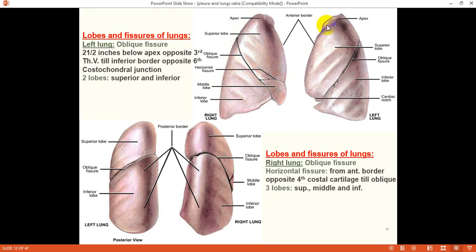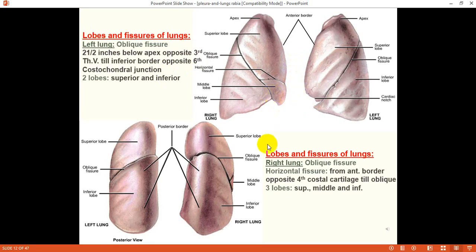The oblique fissure starts 5 to 6 centimeter below the apex, that is 2.5 inches almost from the apex, at the level of third thoracic vertebra, and it ends on the inferior border opposite the 6th costochondral junction and 5 centimeter from the median plane.